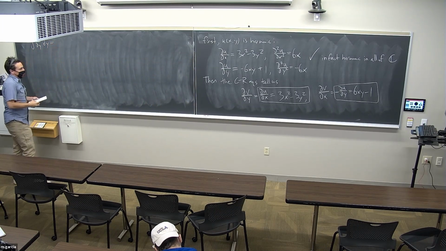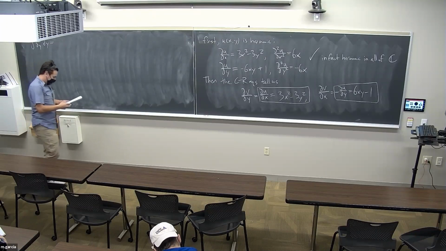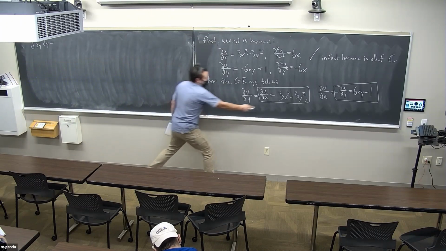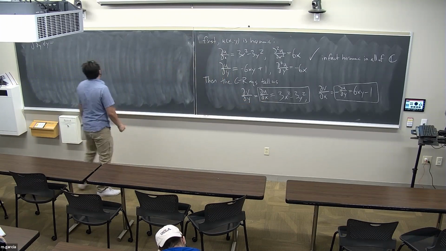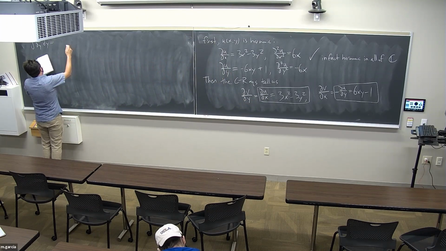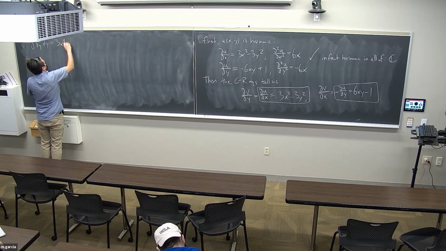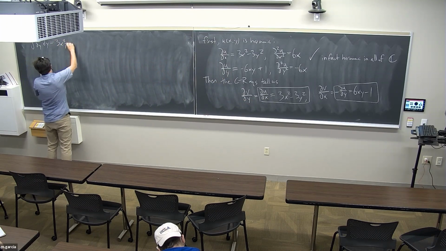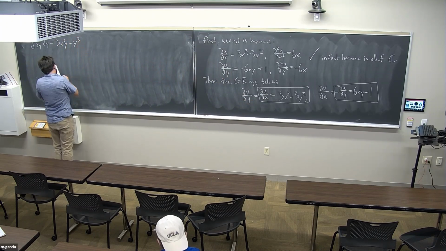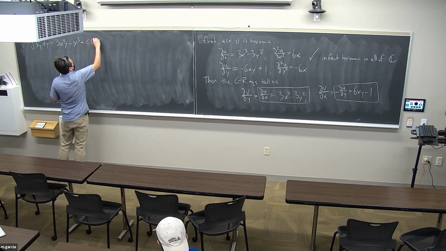So what is the antiderivative of this function with respect to y? 3x squared y minus y cubed plus c of x.